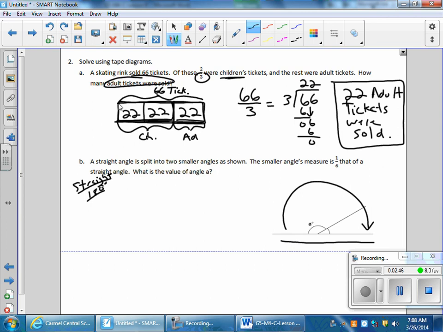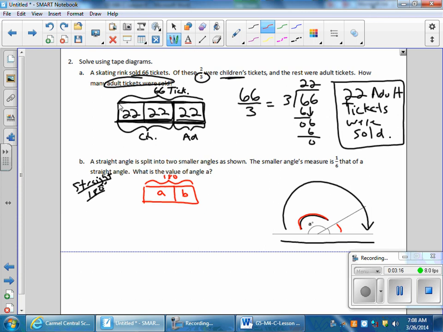So knowing that, I could see that A plus B, we'll call the smaller angle B, is going to give me 180. A is bigger. But the two of them together should be 180. Now, how do I find out?